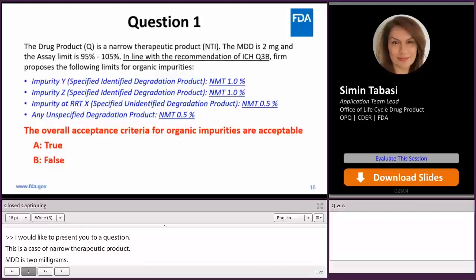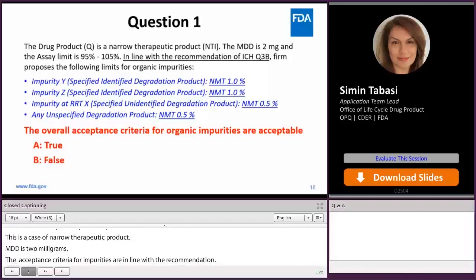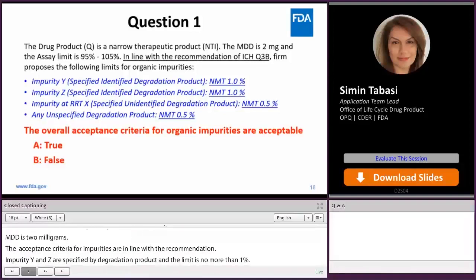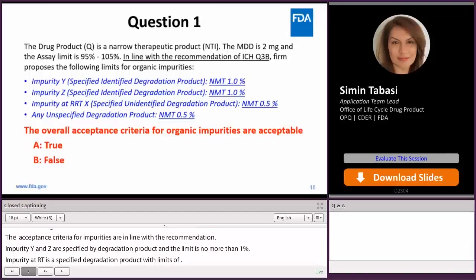Impurity Y and impurity Z are both specified identified degradation products and the limit for each is no more than 1%. Impurity at RRT X is a specified unidentified degradation product with a limit of no more than 0.5%. Any unspecified degradation product is no more than 0.5%.